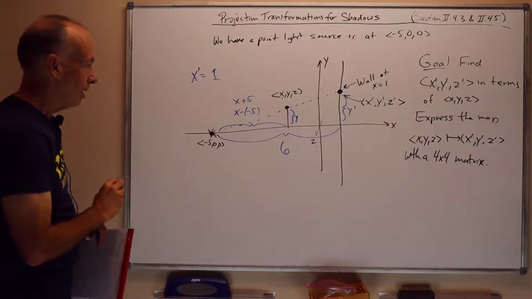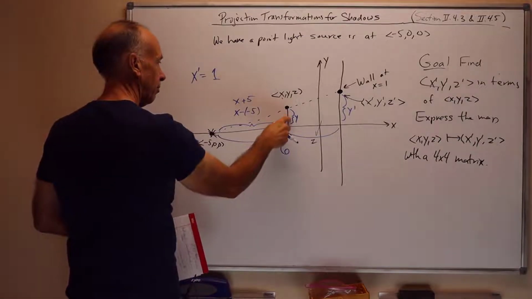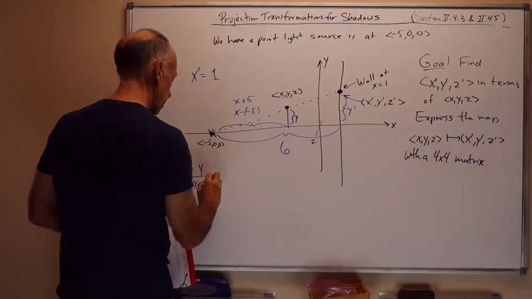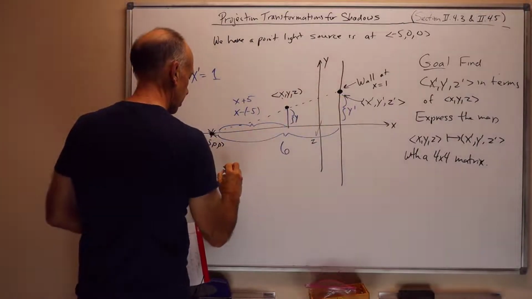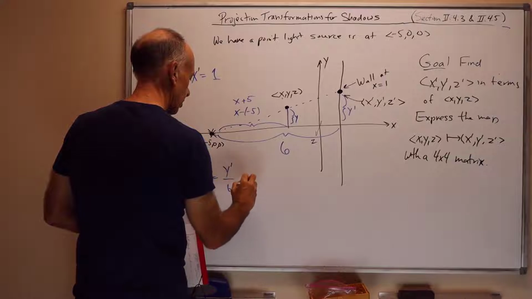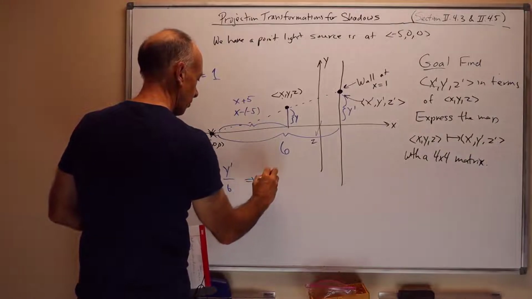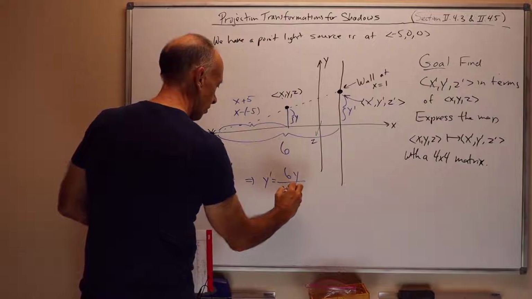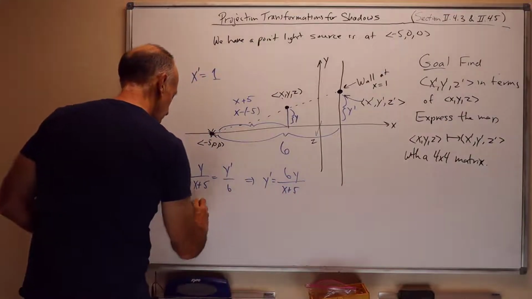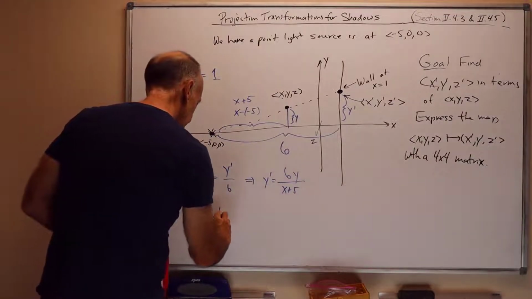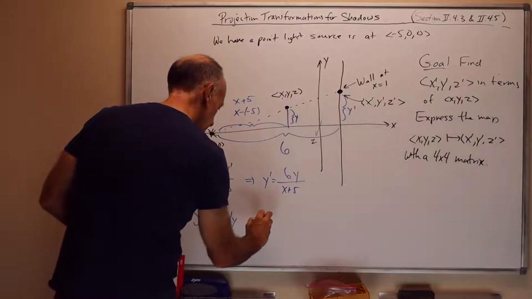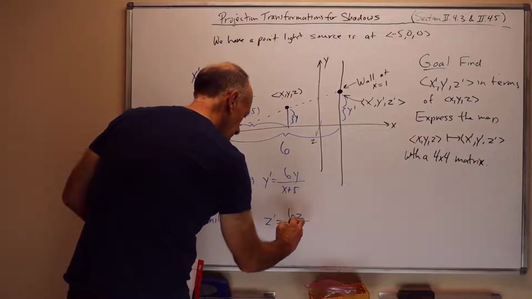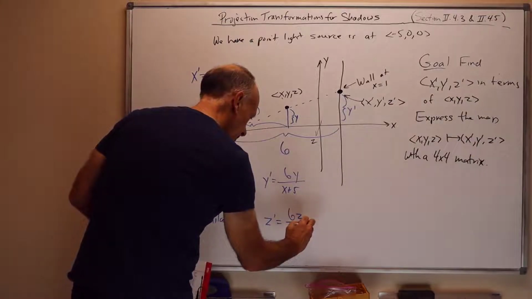So by similar triangles then, y over x plus 5 is equal to y prime over 6. So that tells us that y prime equals 6y over x plus 5. And then similarly, z prime equals 6z over x plus 5.